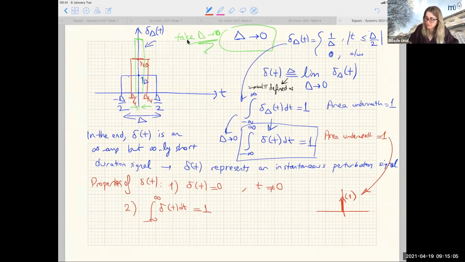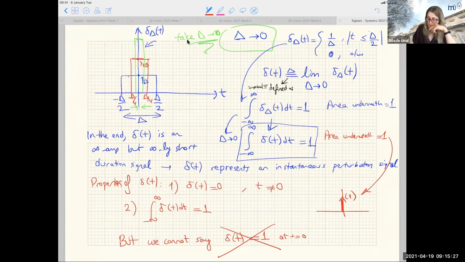You see, but we cannot say, please don't say this ever, delta of t is 1. This is wrong. At t equals 0, it's really not 1. It's infinite amplitude. Its area underneath is 1.